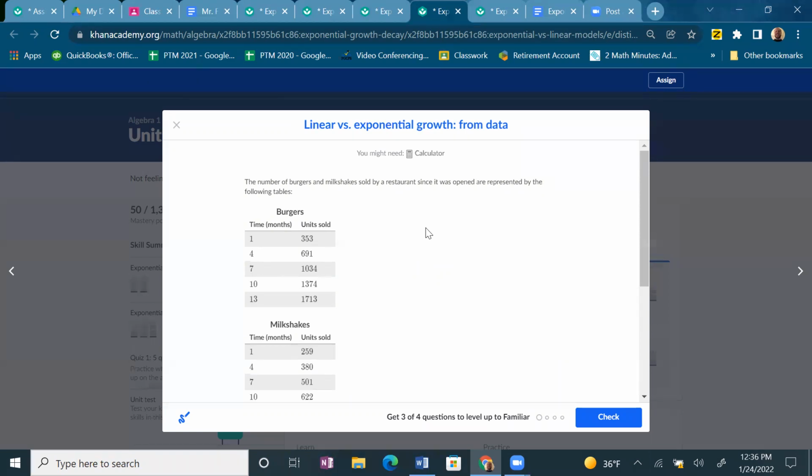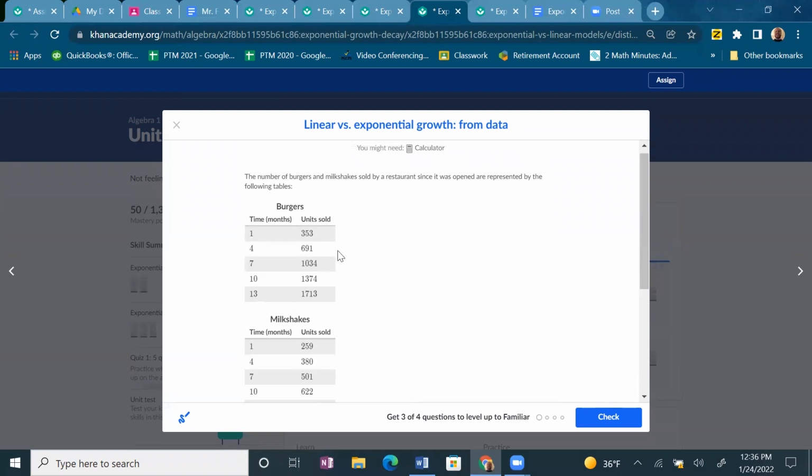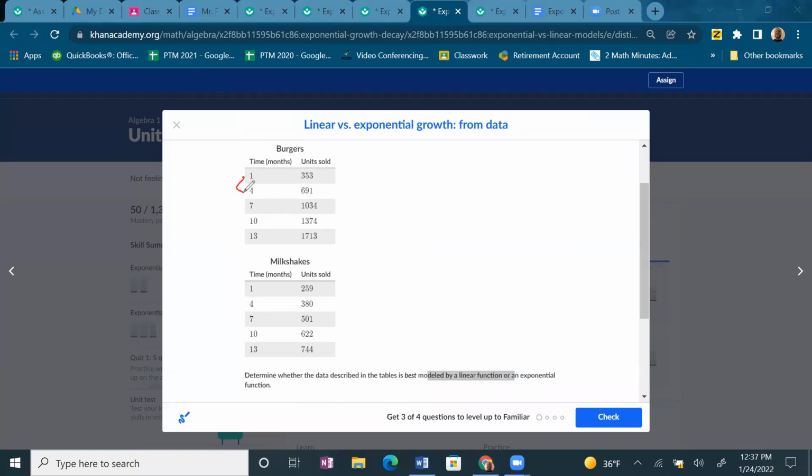And then linear versus exponential growth from data. The number of burgers and milkshakes sold by a restaurant since it was open are represented by the following tables. Determine whether the data described in the tables is best modeled by linear or exponential. We did this earlier, so we're just doing this in context. Reminder: we always want a constant difference in our x's, and we have that.